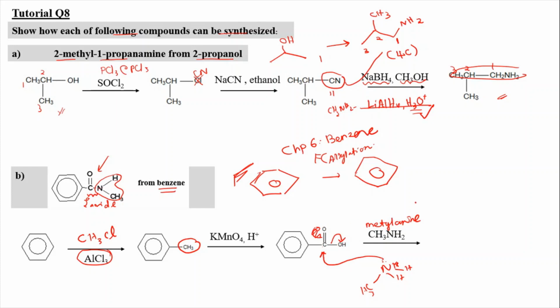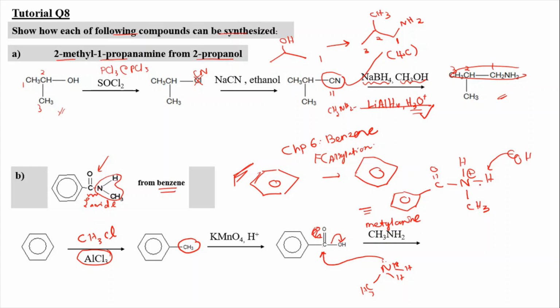And as a result, what you can see here is that your benzene ring is going to be attached with C double bond O and NHCH3. Okay, and the OH that was negative earlier will take one of the hydrogens from the N group here.